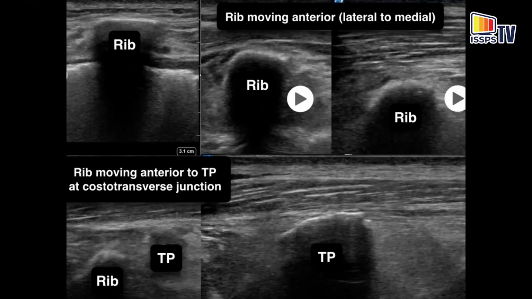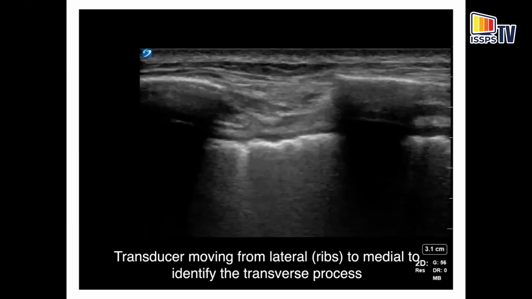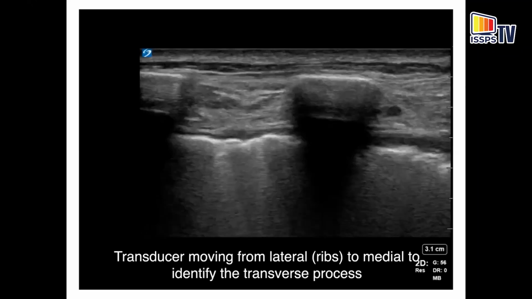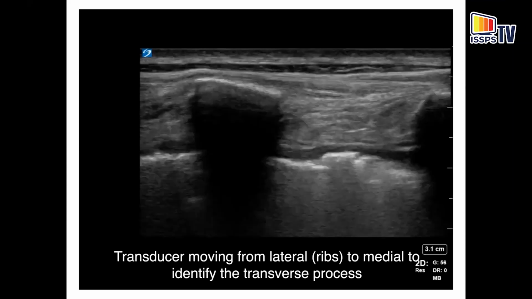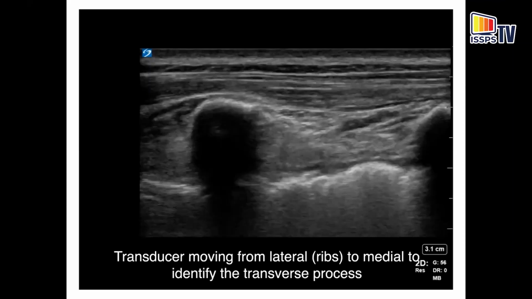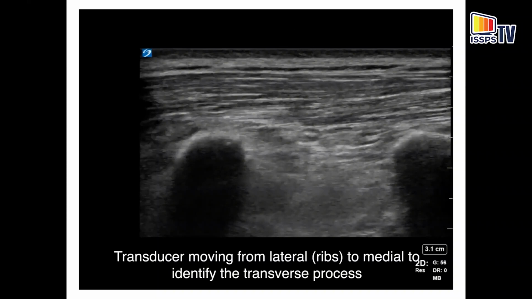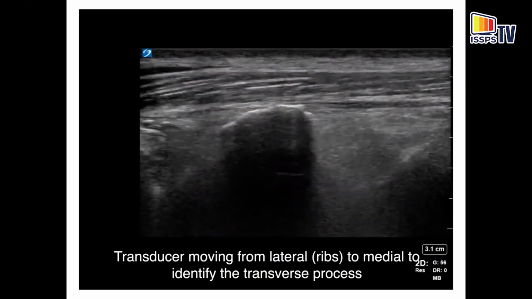Or something a little bit more dynamic, starting laterally over the ribs, imaging in sagittal plane until we locate the transverse process.